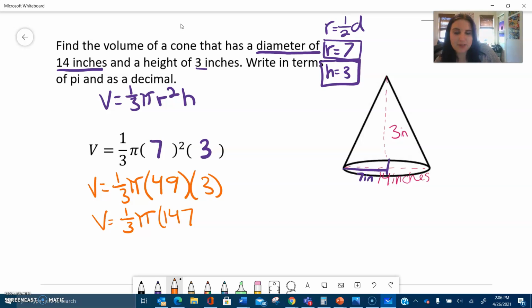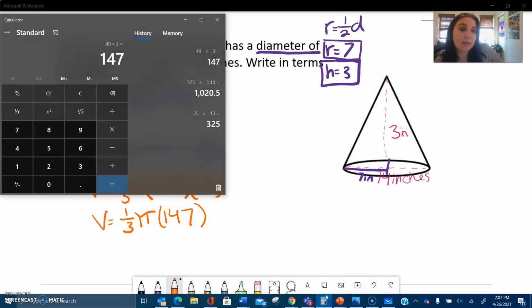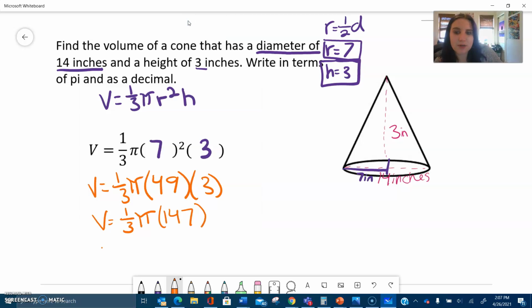And now I need to divide this by 3, or multiply by 1/3, right? This 1/3 is being multiplied. So multiplying by 1/3 is the same as dividing by 3. So I'm going to take my 147 and divide it by 3, which comes out to be 49.